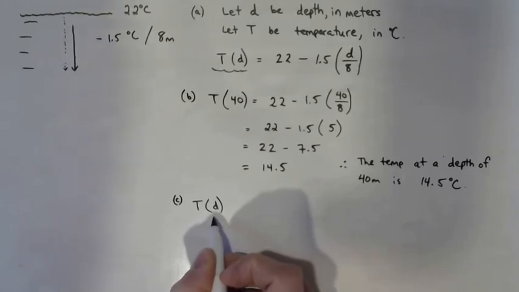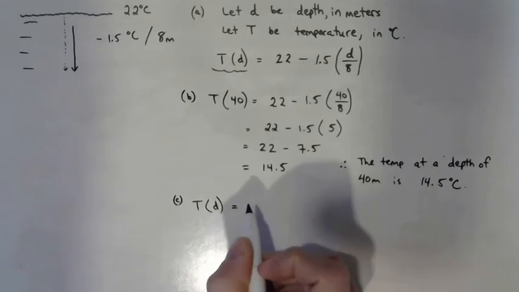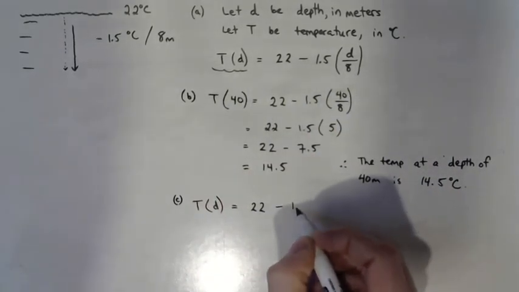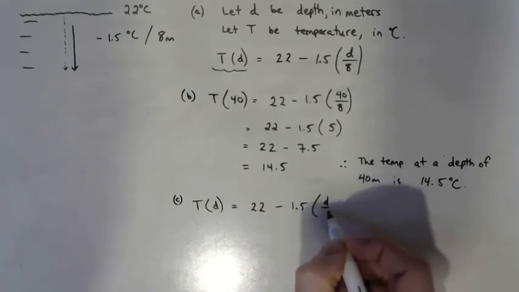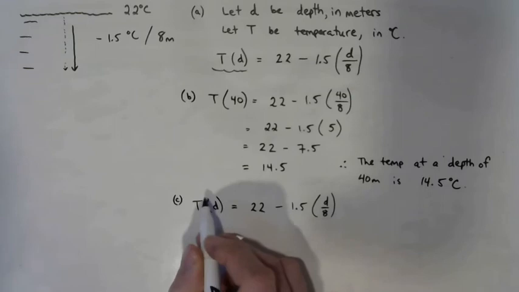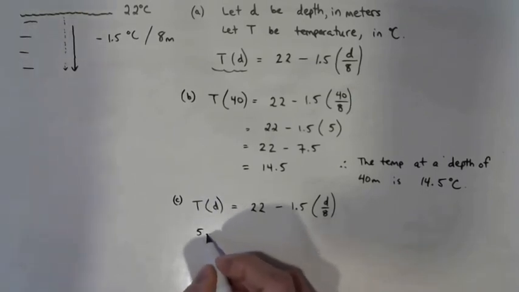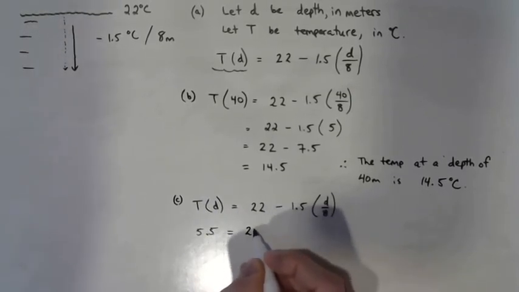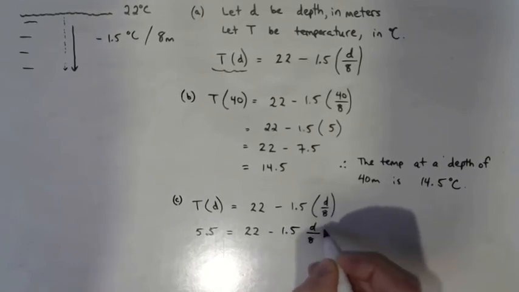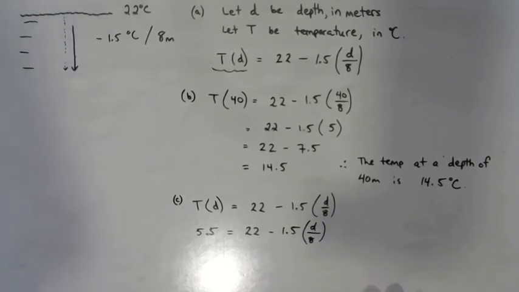Sorry, we do know the temperature at that depth. We don't know the actual depth. So I'm just going to copy down my original equation here. T of D equals 22 minus 1.5 times D over 8. And this time we do know this whole chunk. We know this is going to be 5.5, but we don't know how deep we are. That's going to be the depth of the lake because it's the bottom of the lake.